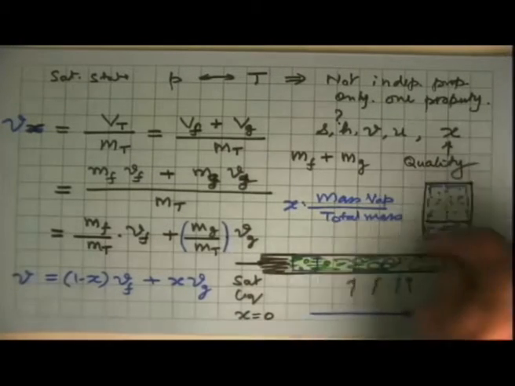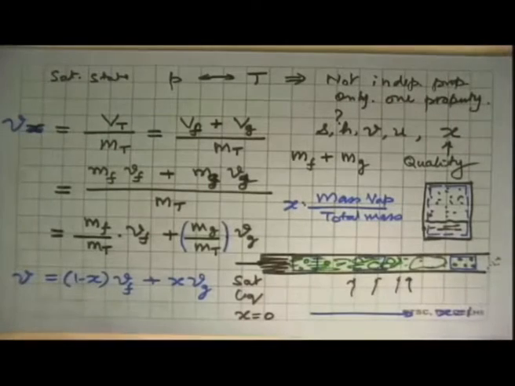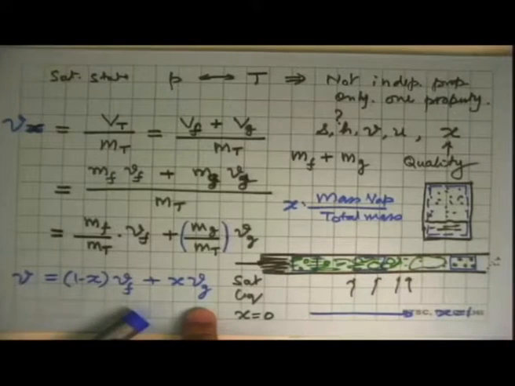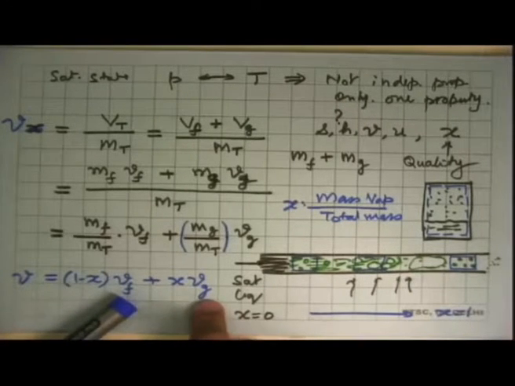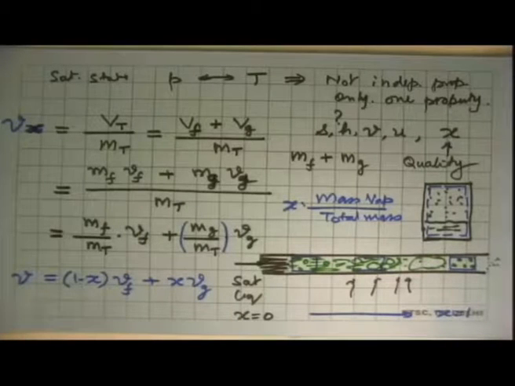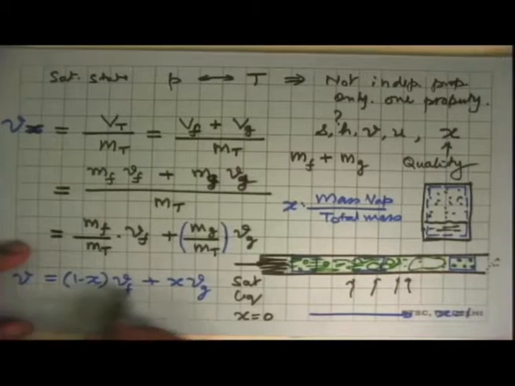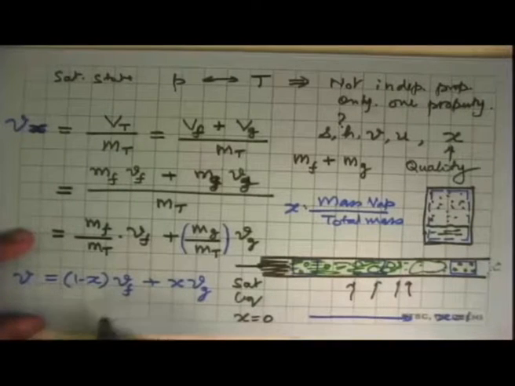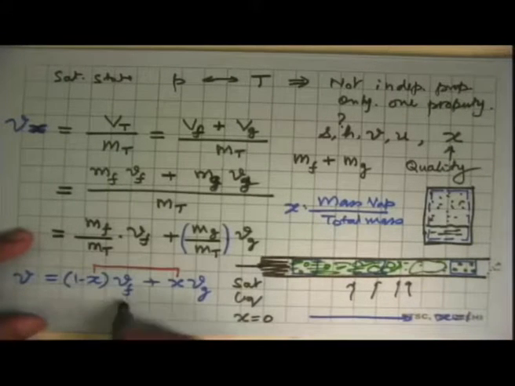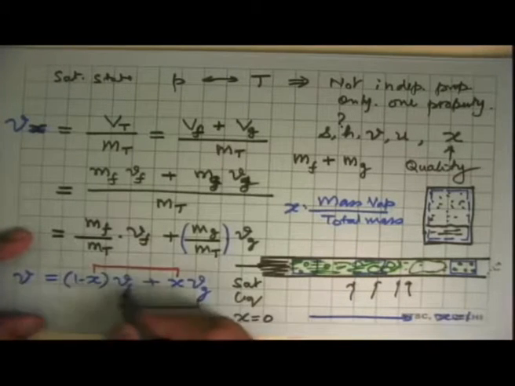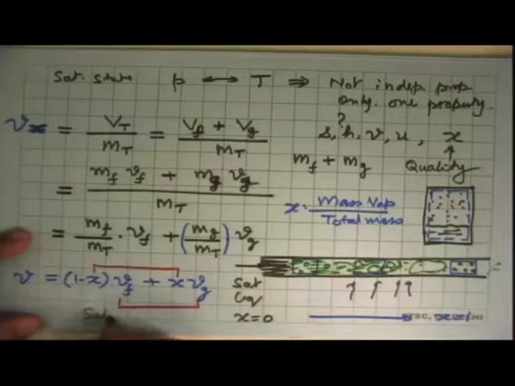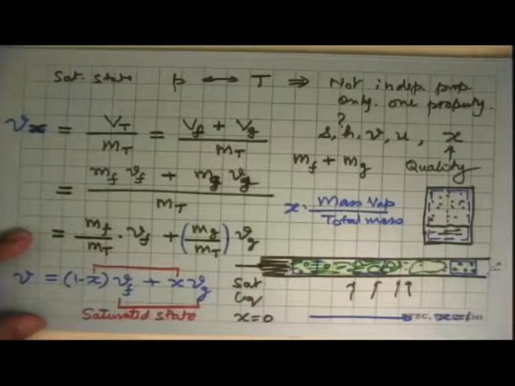So the specific volume of this mixture, or this mixture, or this mixture, can be calculated by a relation where we know the dryness fraction and we know the specific volumes of the two phases. Although this equation looks like we have three variables on the right side, X coming here and these two coming here, since these correspond to a saturated state, they are basically only one variable.